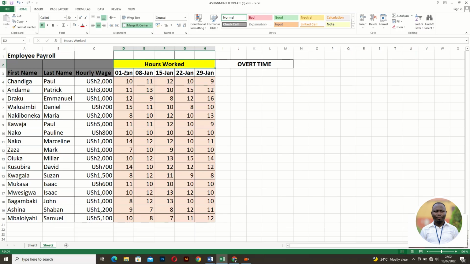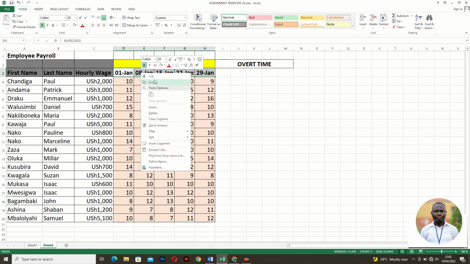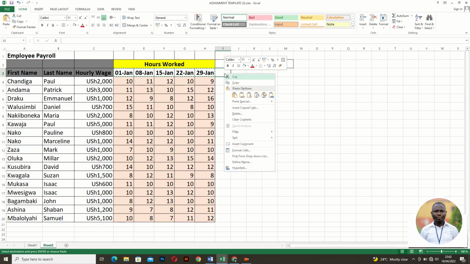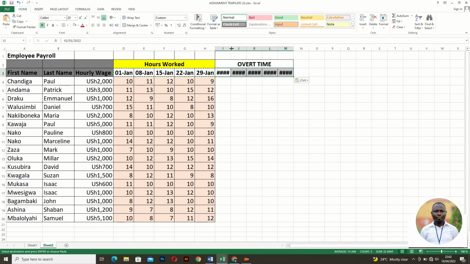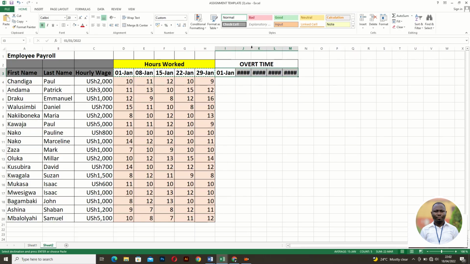Since it's going to bear basically the same dates, we just want to find the overtime of 1st January, 8th January, 15th January, 22nd January, and 29th January. So we are going to copy all of this, paste it here, and we want the values to fit in.